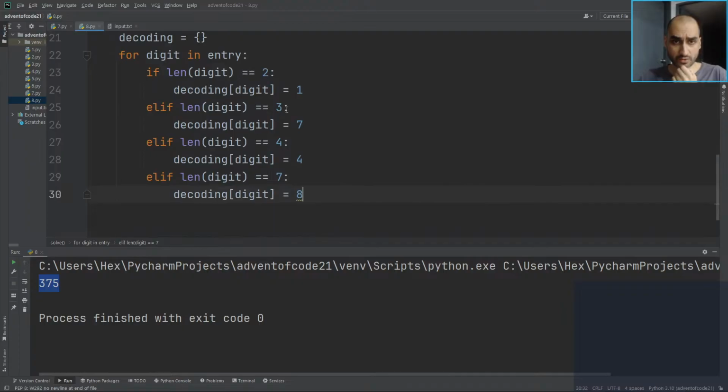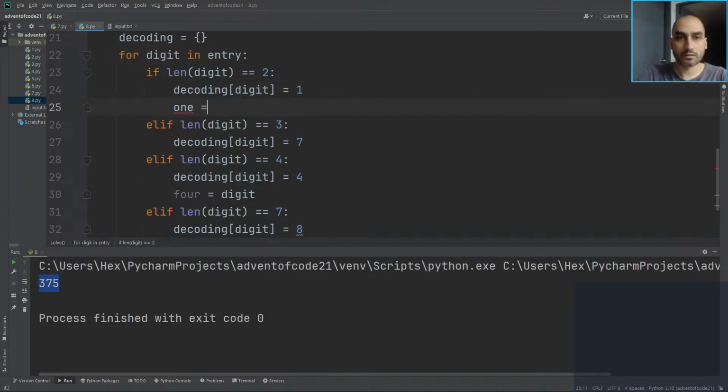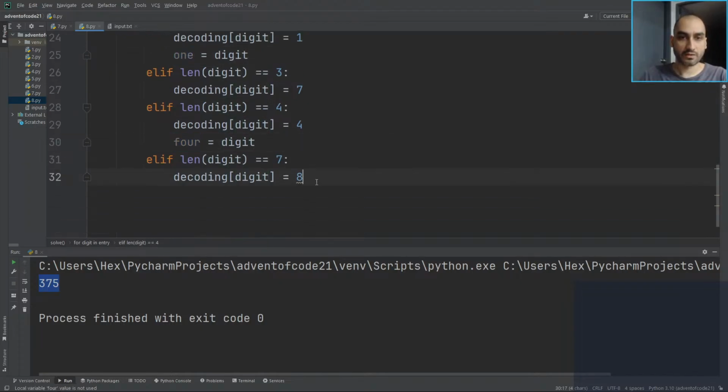And we want to make a note of the 4, so just create a variable called 4 equals digit, and create a variable called 1, because those two are special that we'll be using to deduce other things.